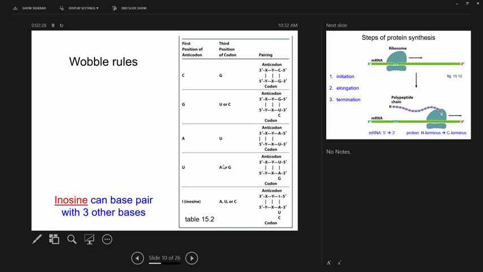So a G and a C, if it's a C, man, it holds it in there really nice. If it's a G with a U, it's not perfect, there is a steric hindrance, but the steric hindrance is not enough to keep it from binding correctly. Is that okay?